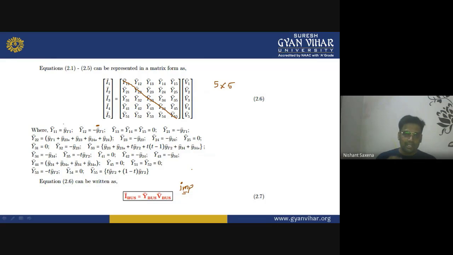The matrix elements are taken as Y11, Y12, and so on, corresponding to the equations we have developed. Finally we have written it in short form, that is I bus is equal to Y bus into V bus. I hope this is clear to you.